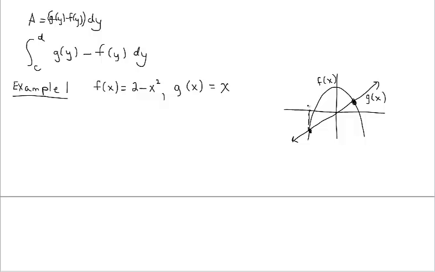The x-coordinate of this point of intersection would be our a value, our far left value, and the x-coordinate of this point of intersection would be our far right x value. So now we know the limits of our integral. We also know that through the visual we have f on top and g on bottom, so we can set up the integral.